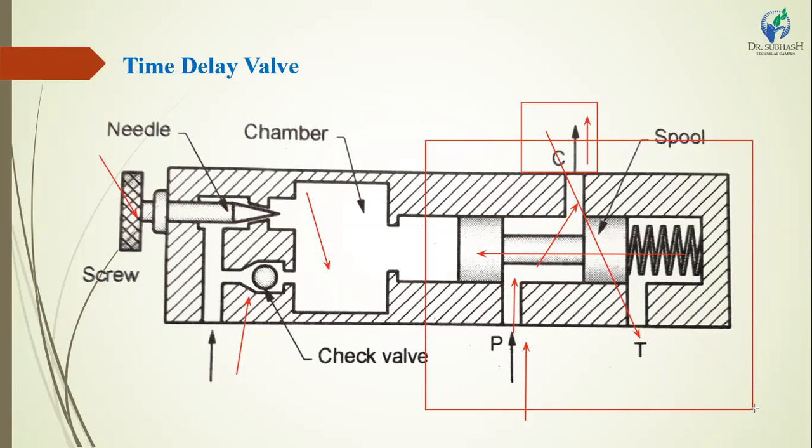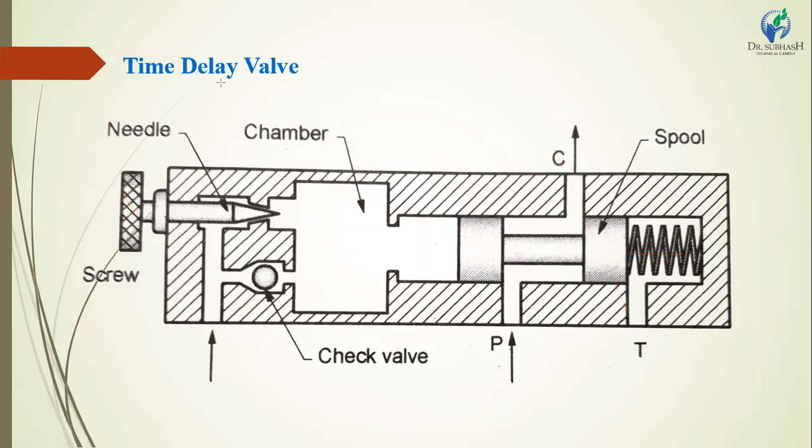When the working fluid is admitted through the inlet port P of this valve, it flows through the check valve and fills the chamber. Here one more inlet is given from the pump. The oil enters the time delay valve chamber. The liquid flows from this point through the flow control to the inlet chamber.